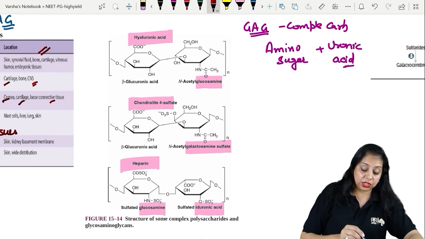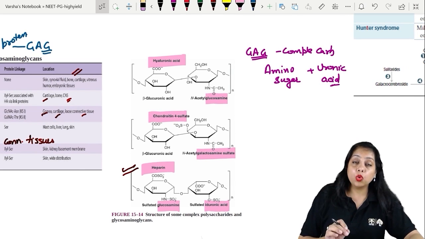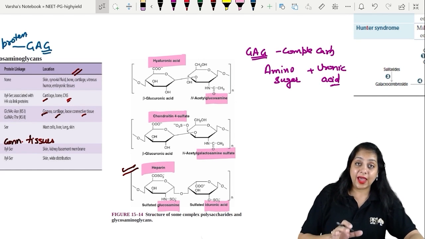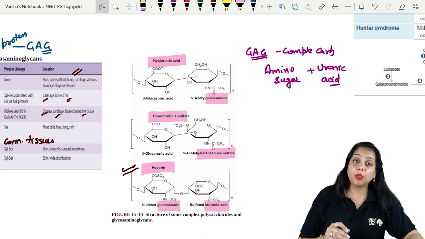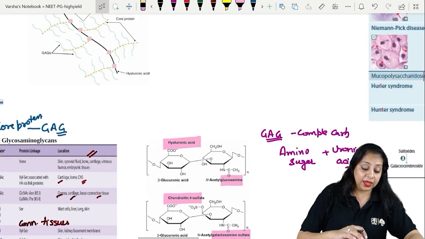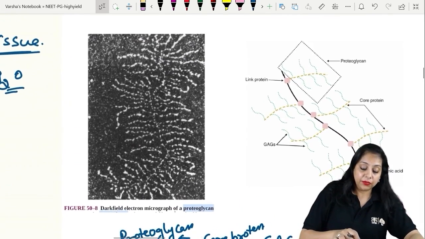Heparins are the ones which are the most sulfated. Now, these GAGs are complex polysaccharides in the form of a chain. They bind to a core protein. They make the proteoglycan, which is found in the cell basement membrane for connectivity.